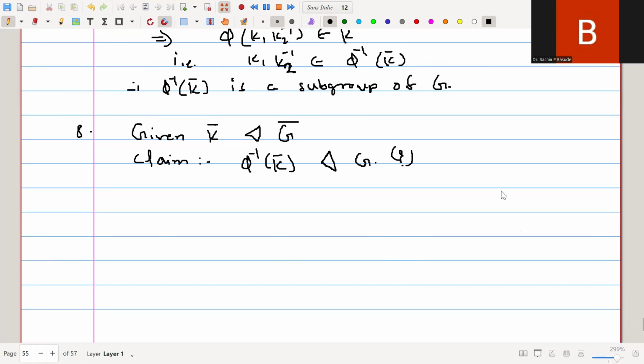For proving that H is a normal subgroup of G, we have to take one element from H and one element from the group and prove that g x g inverse belongs to H. Then H is normal. So we have to take one element from phi inverse K bar and one element from G, and proceed.